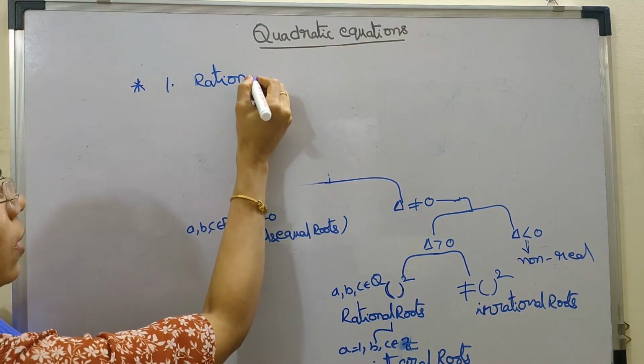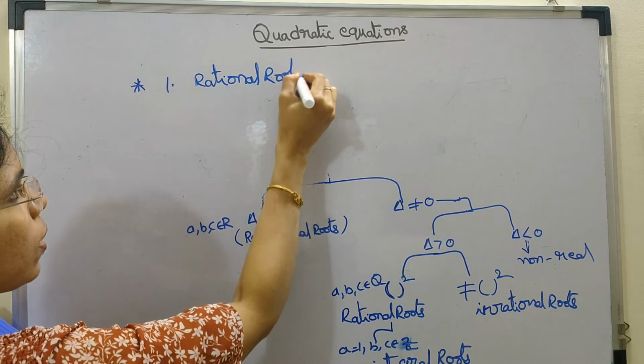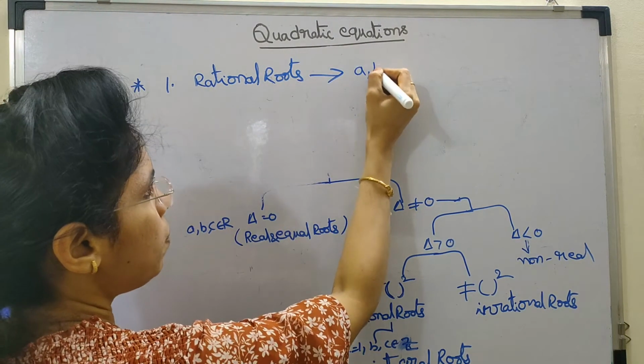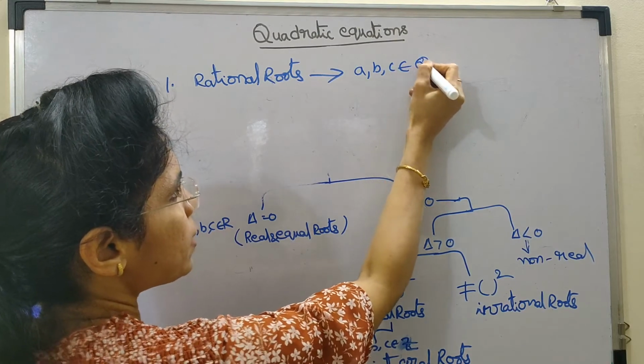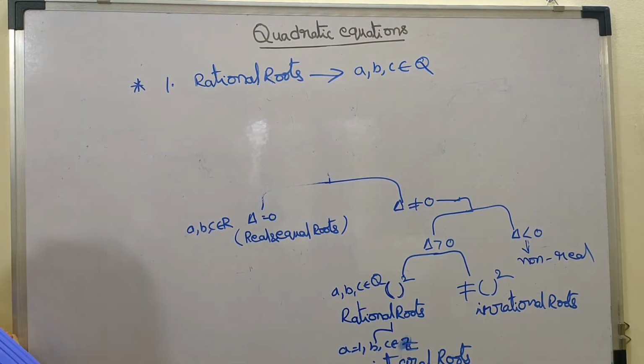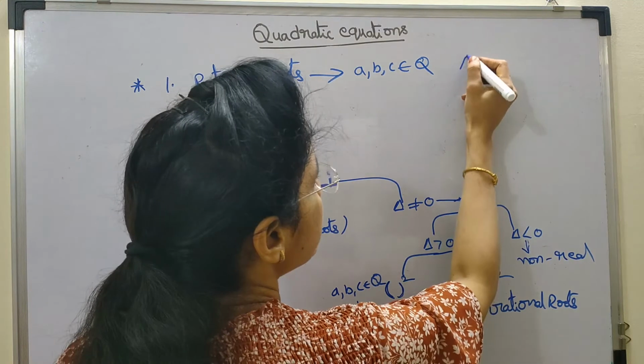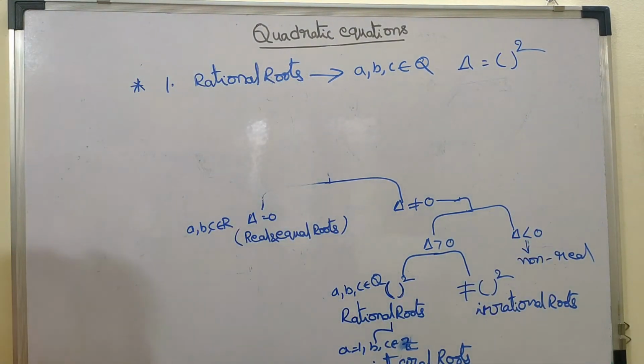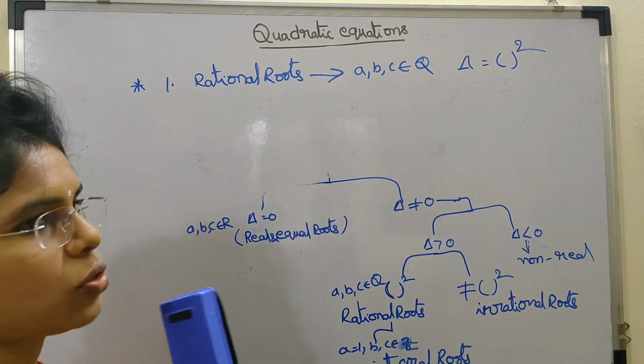What is the condition for rational roots? First, a, b, c should be rational numbers, and the discriminant should be a perfect square. So a quadratic equation has rational roots if the coefficients are rational numbers and the discriminant is a perfect square.